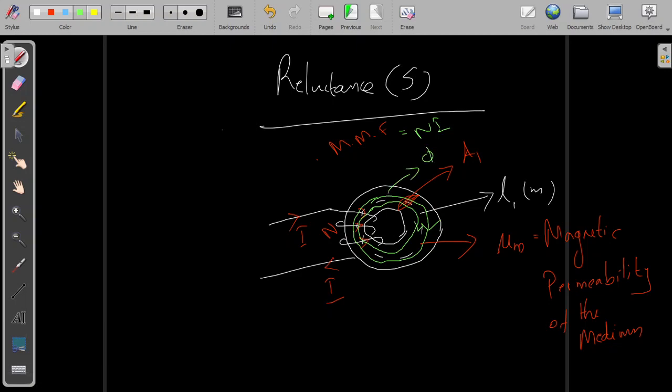Phi is the magnetic flux, and let S1 be the reluctance offered by this medium to the flow of flux phi. And now this is our case 1.